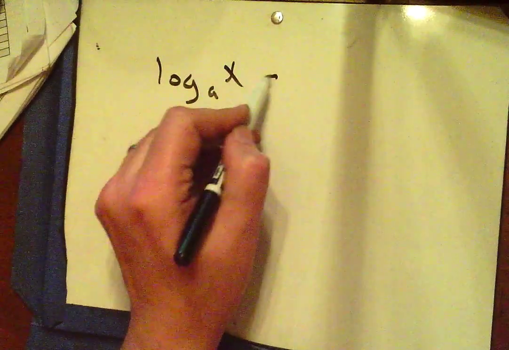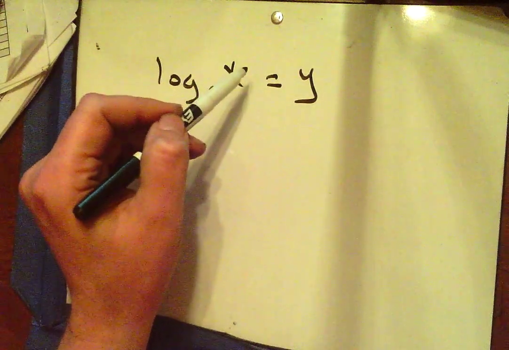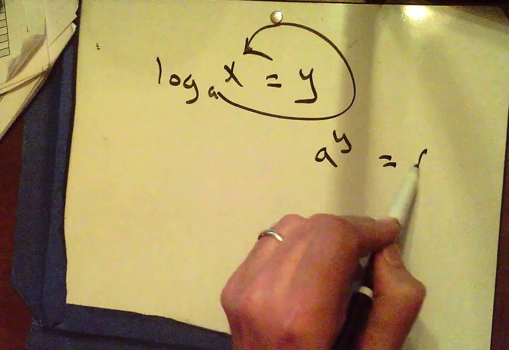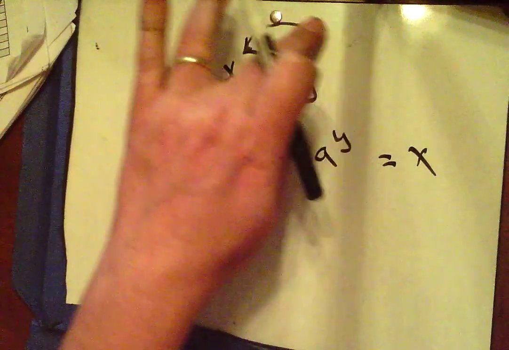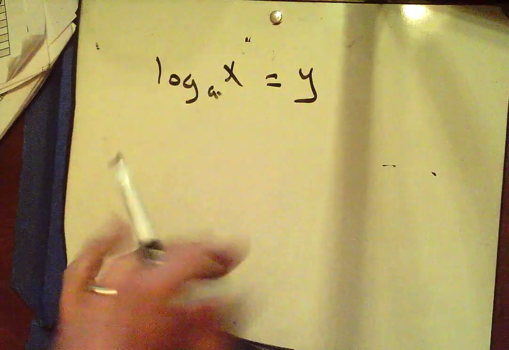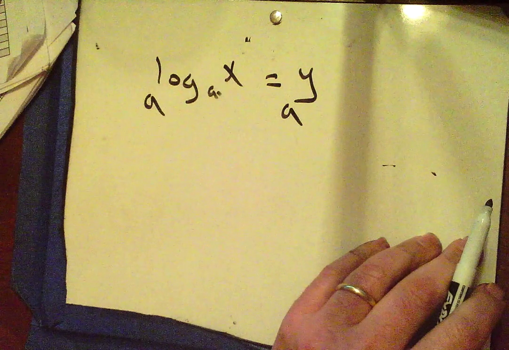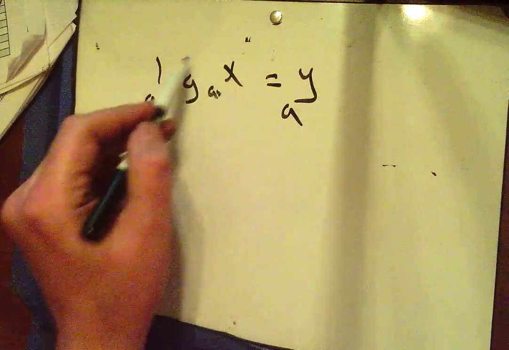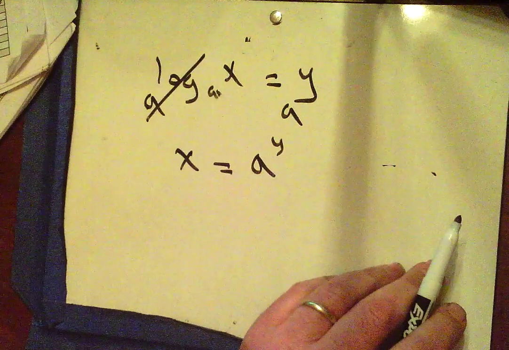There's another way. Log base a of x equals y. You could do scorpion tail here, you know, and say that a to the y equals x, because sometimes it's fun to do scorpion tail. You could also exponentiate with a on both sides here. And so a to the power of log base a, these cancel as inverses, and so we have this.